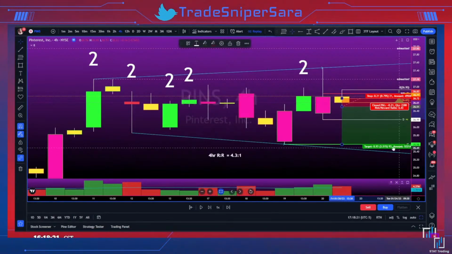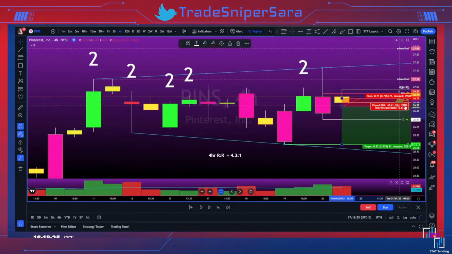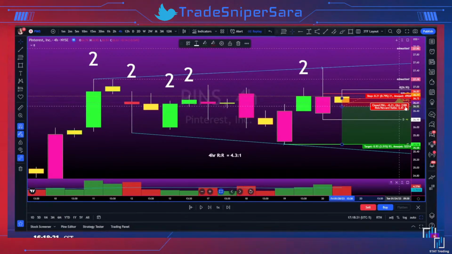Okay, plug that in. So this tells you that you can purchase or short 2,380 shares with this risk reward profile.